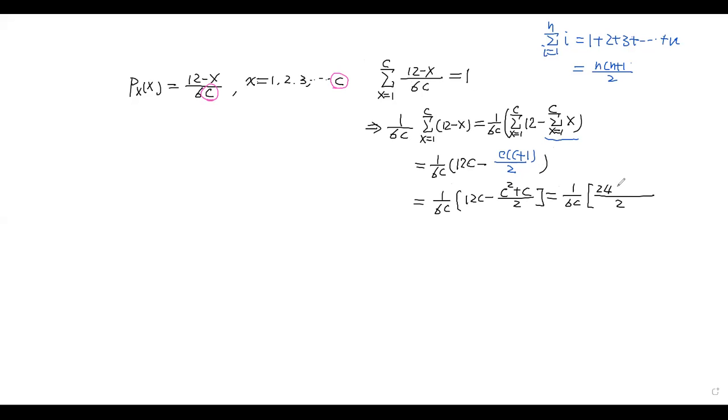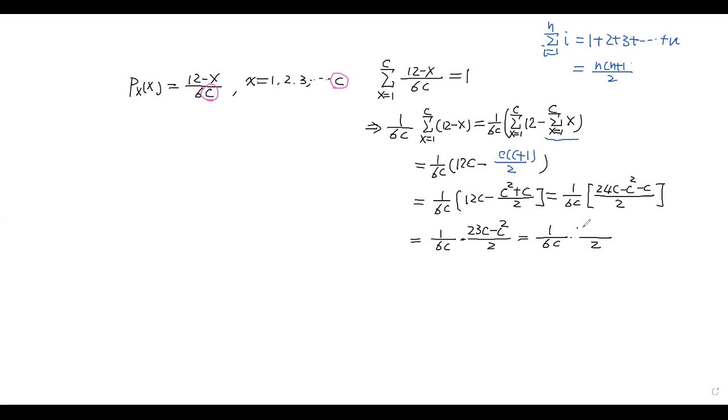So this is (24C minus C squared minus C) over 2. So inside here, this will be 1 over 6C times (23C minus C squared) over 2.